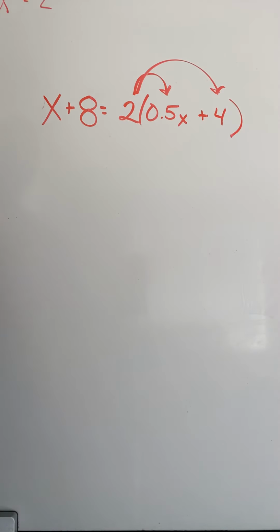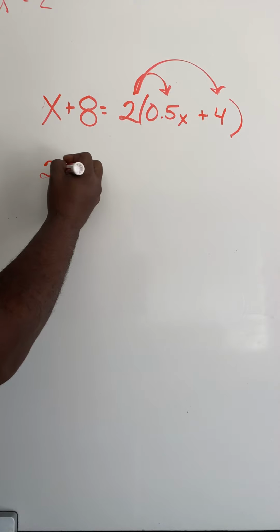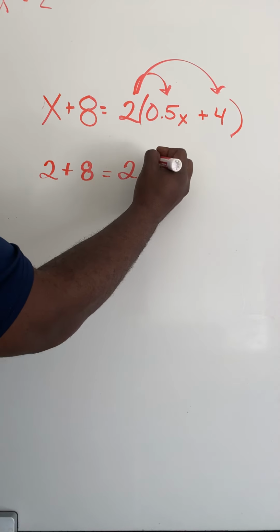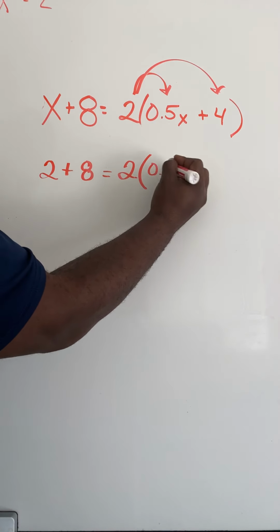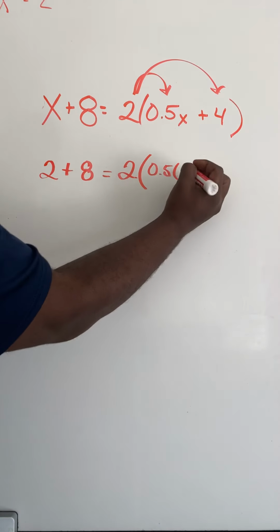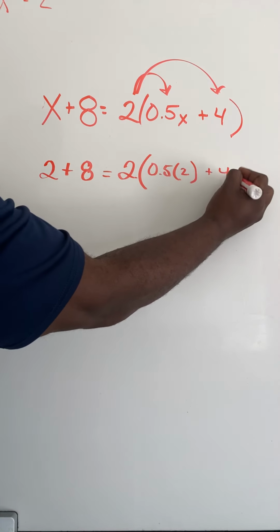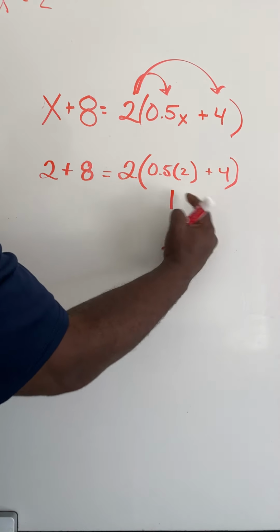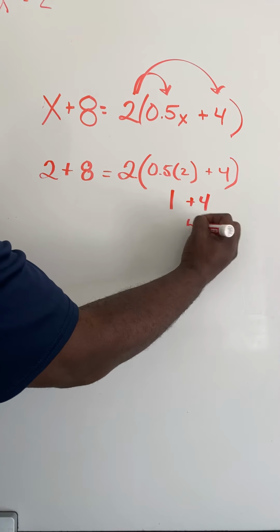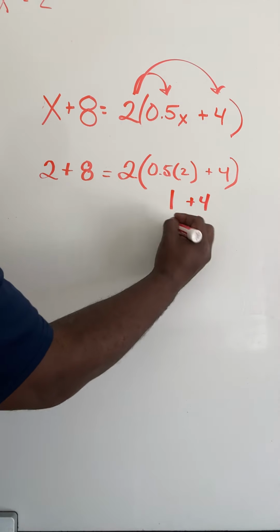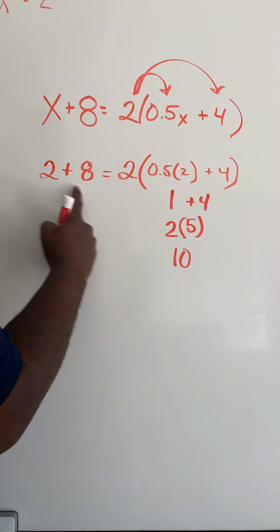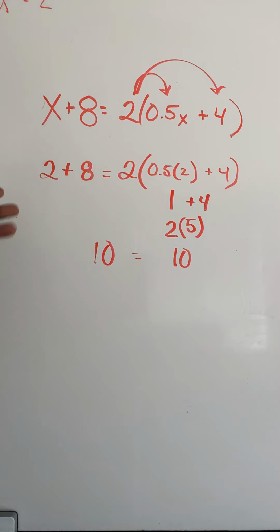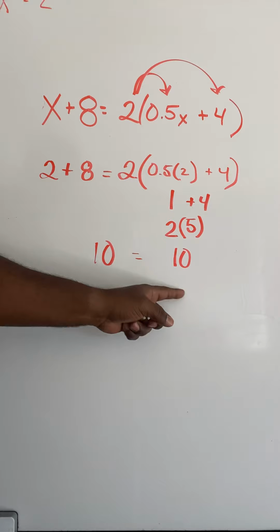If I substituted that in, it'd be 2 plus 8 is equal to 2 times (0.5 times 2, plus 4). Well, 2 times 0.5 is 1. And 1 plus 4 is 5. And 5 times 2 is 10. And 8 plus 2 is 10. So what they're trying to show you is when you have this situation, it doesn't matter what number you put in there, it's all going to come out the same.